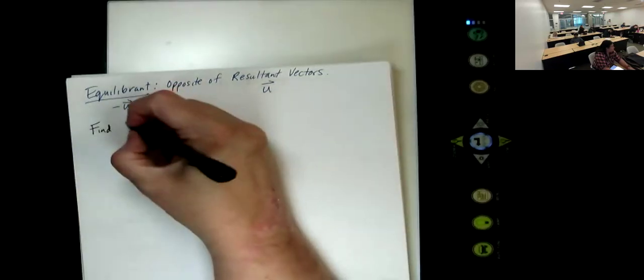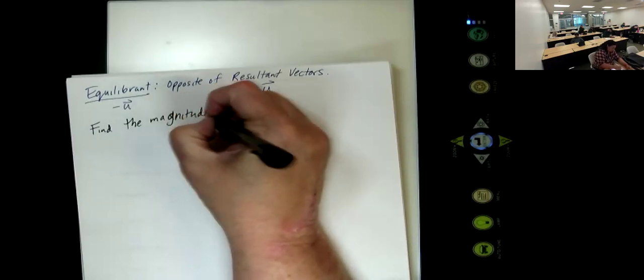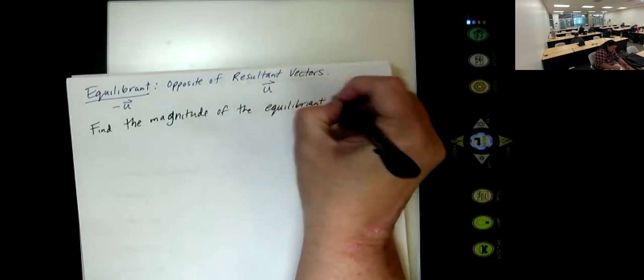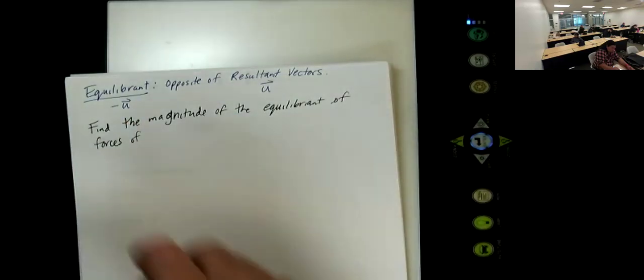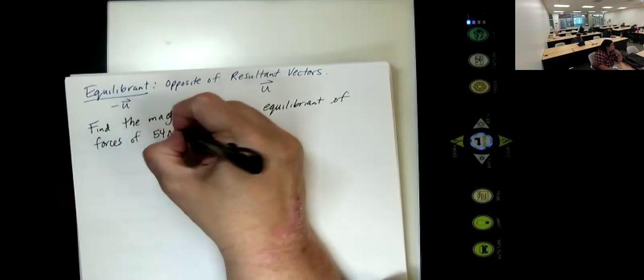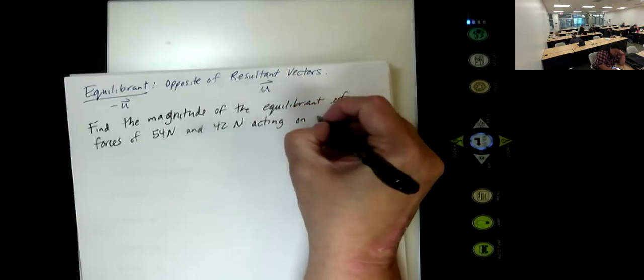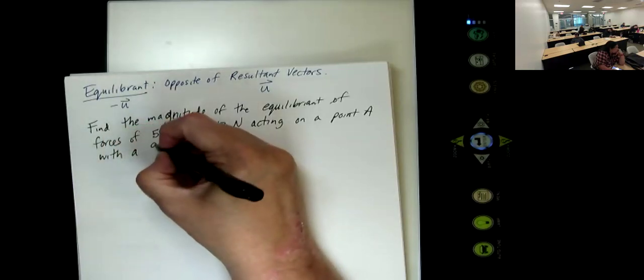Find the magnitude of the equilibriant. Forces 54 newtons and 42 newtons acting on a point A with a 98 degree angle between them.